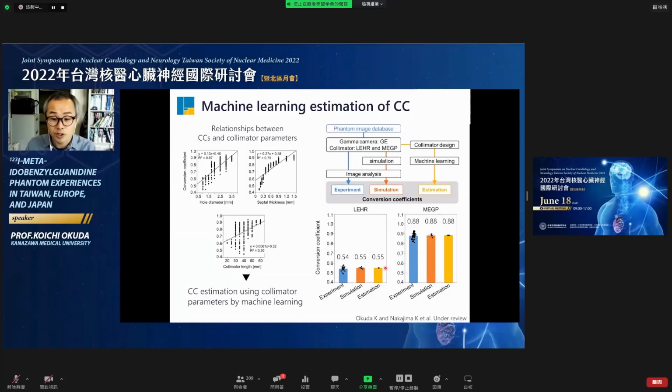Machine learning estimated conversion coefficients agreed well with experimental and simulated conversion coefficients in both LEHR and MEGP collimator conditions. What is interesting here is that conversion coefficient for the standardization of HMR could be obtained without acrylic phantom experiments.